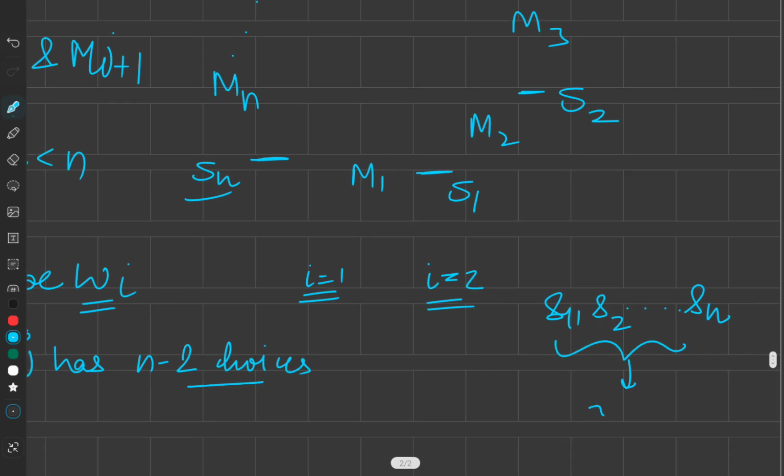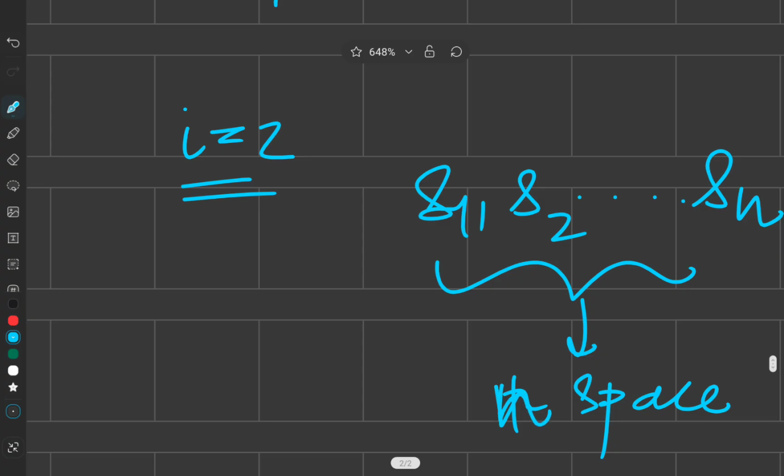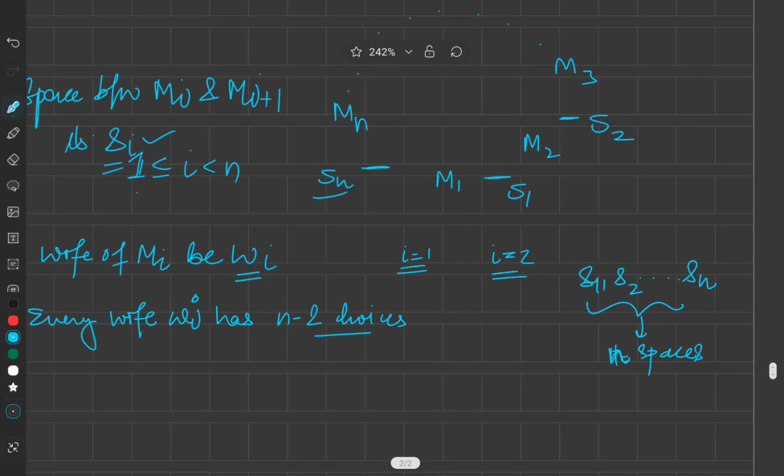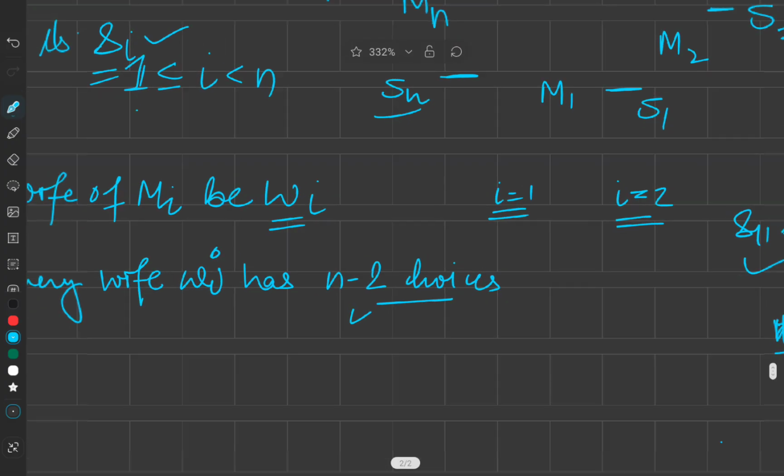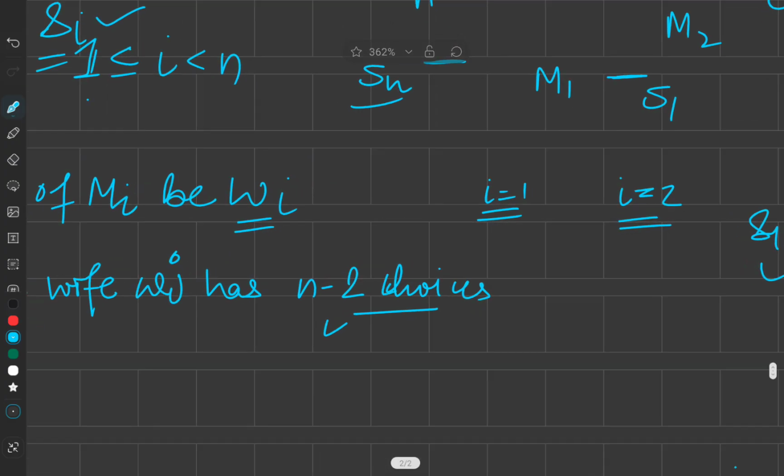These are n total spaces, and from these n spaces we have to subtract 2 spaces for everyone. That is what I have written here as choices.